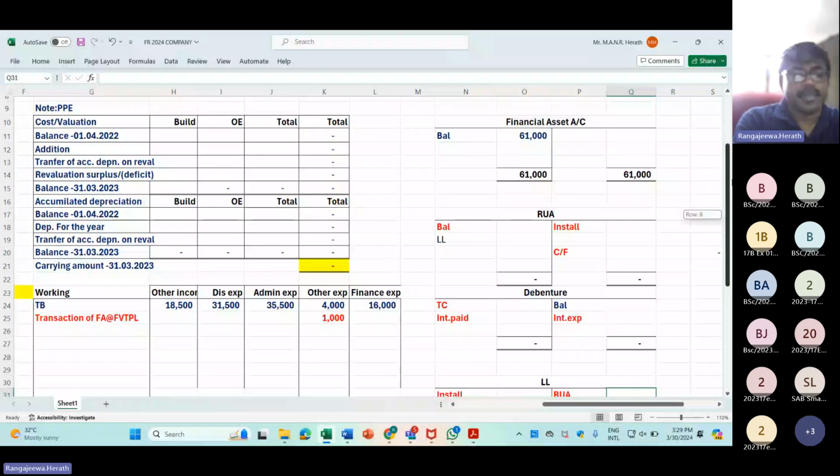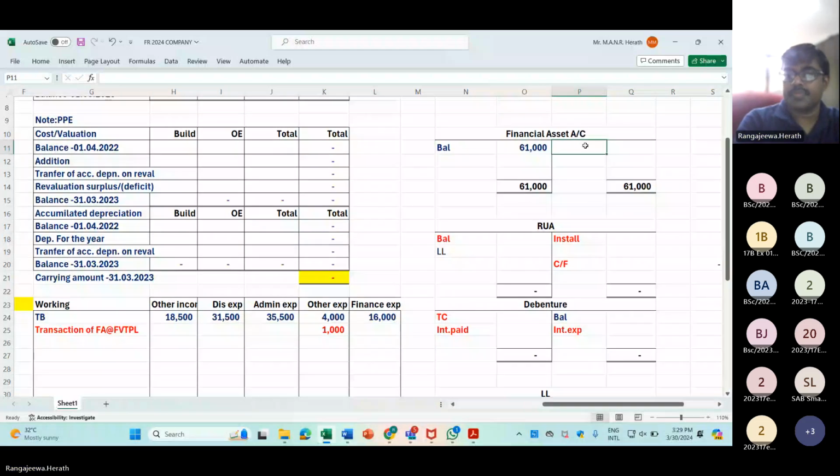So we can credit transaction cost 1,000 to the financial asset account and debit that into other expense. Right, I'll put the charge on.